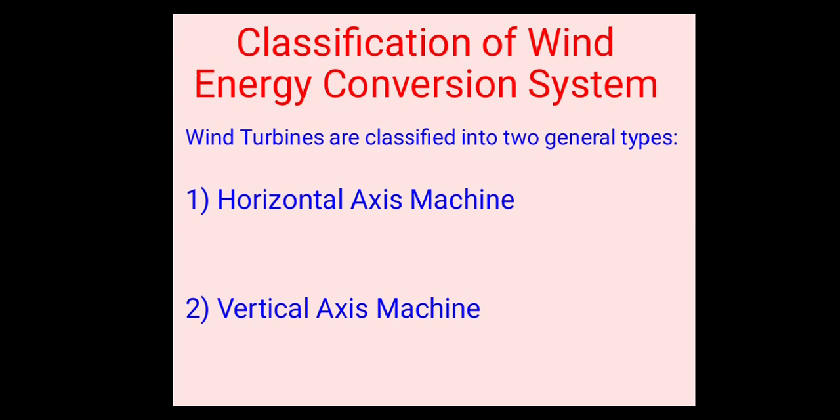A vertical axis machine has its blades rotating on an axis perpendicular to the ground. There are a number of available designs for both, and each type has certain advantages and disadvantages. However, horizontal axis type machines are mostly available commercially compared to vertical axis machine.